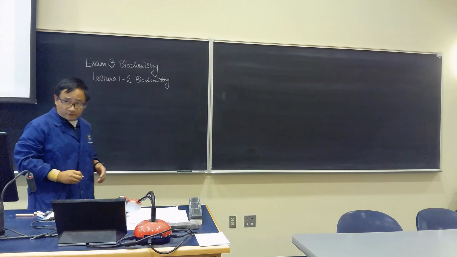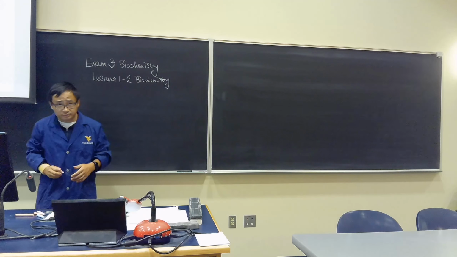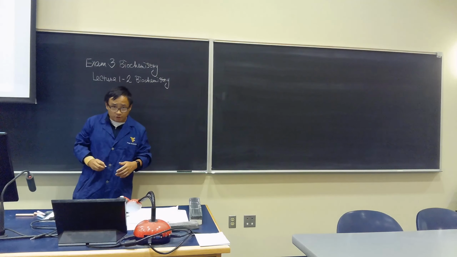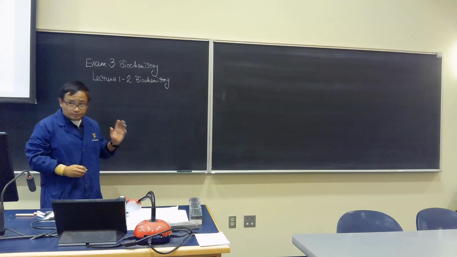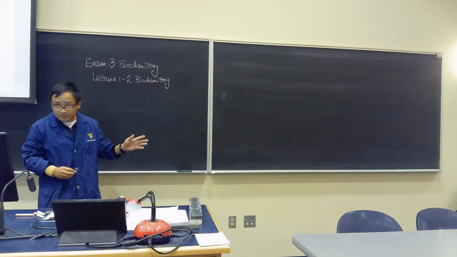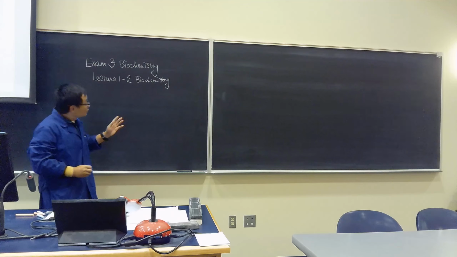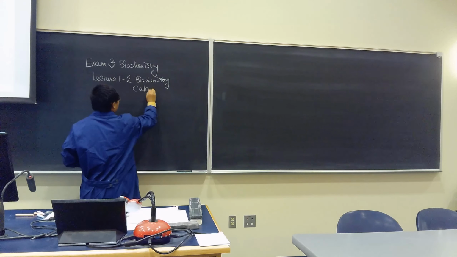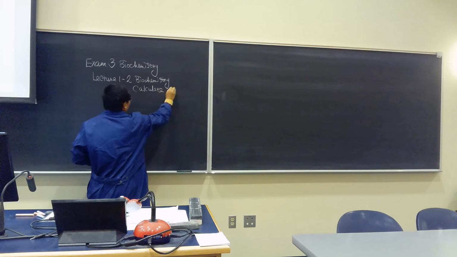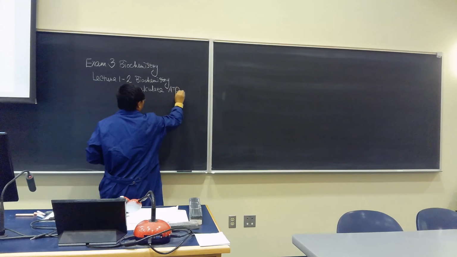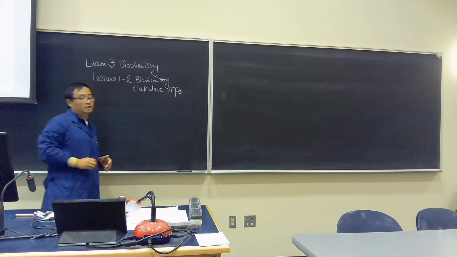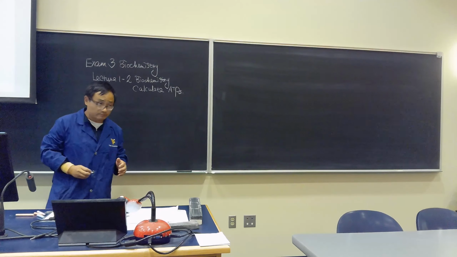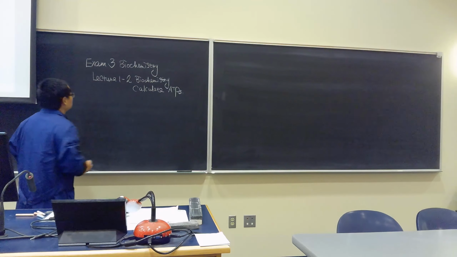We are going to go over fermentation, glycolysis, citric acid cycle, briefly, but somehow maybe a little bit detailed. Then the key thing is to calculate the ATPs generated during aerobic respiration. That will be the key.